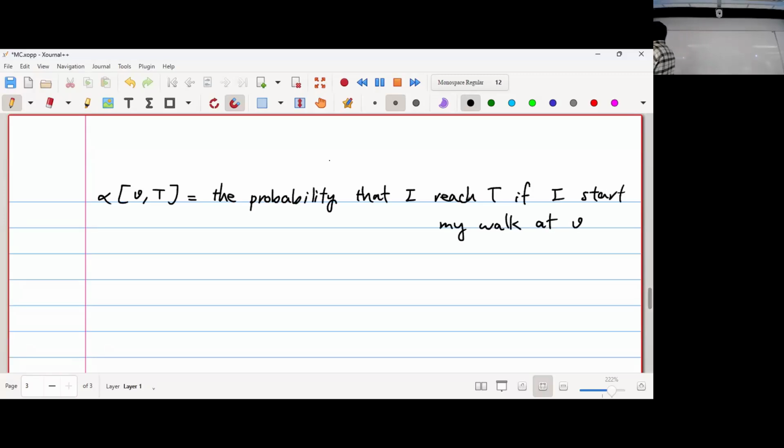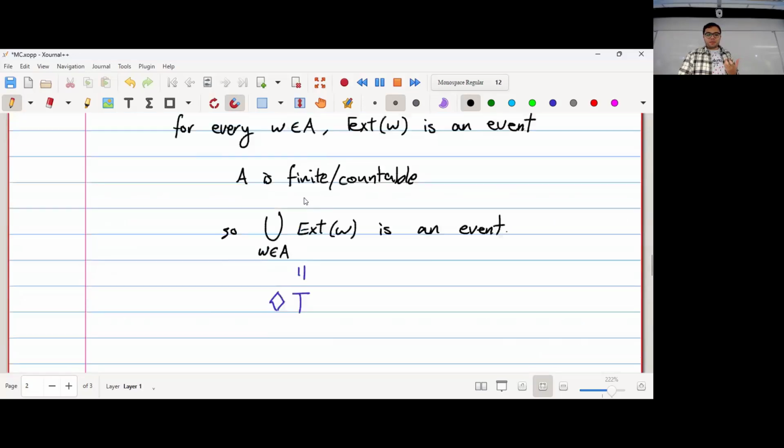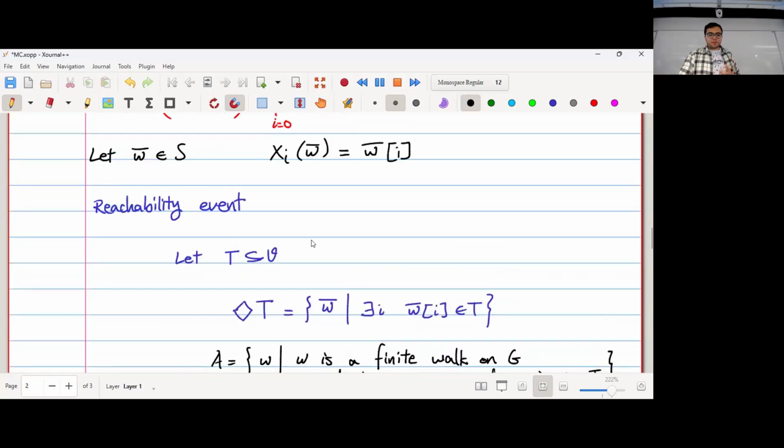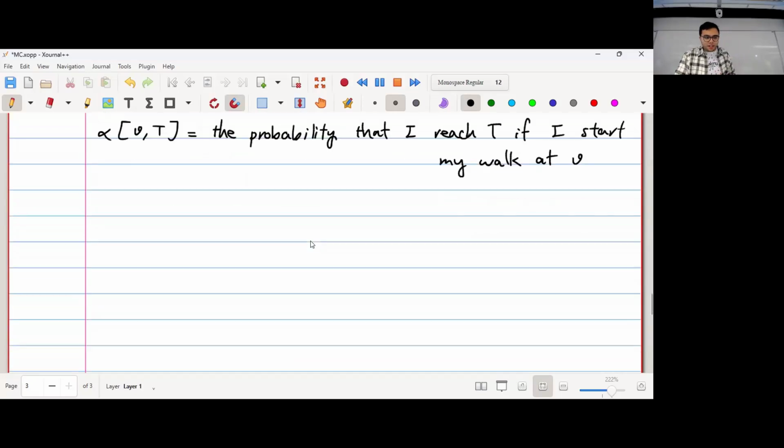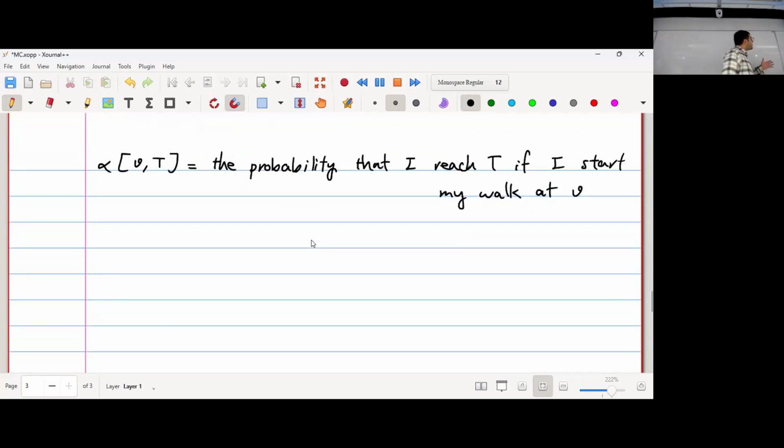Now, again, I told you that changing the starting position actually changes my Markov chain. So these are probabilities in different probability spaces, right? Because my probability space was dependent on my starting vertex. But anyway, this is well defined because no matter what my starting vertex is, the probability that I reach a set of target vertices is an event.